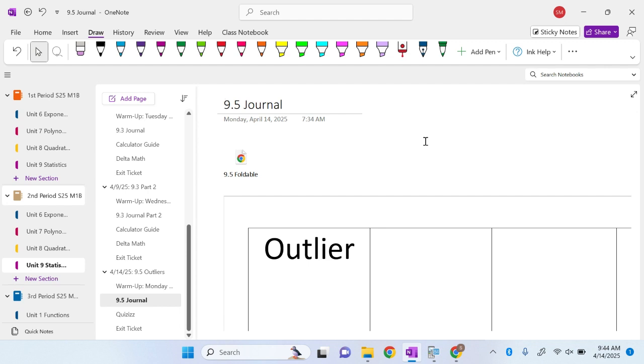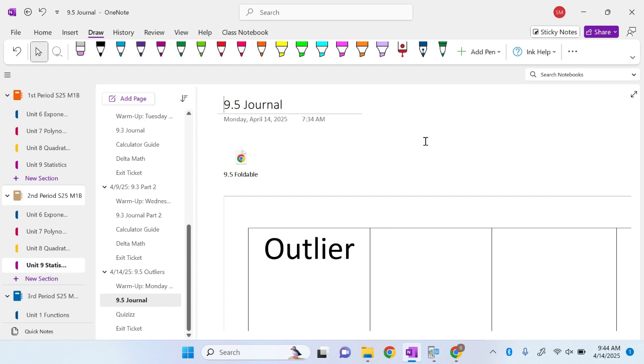So today, what we are talking about with 9.5 is we're now going to use those measures of central tendency that you should have learned in the journal from last week to describe data sets. So we're looking at the shape that the data forms, what its centers are, and how we can tell which ones are the most useful, its outliers, and its spread of data.